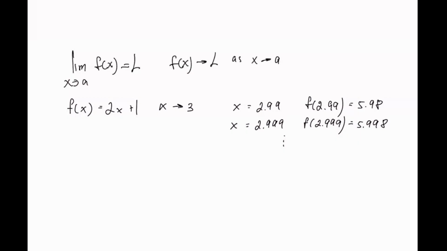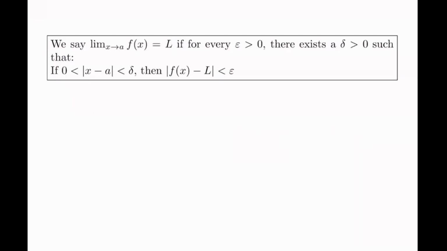But here's the key question. How close is close enough? This is where we need to introduce two important players in our story, epsilon and delta. Think of them as a challenge and response game. Here's the precise definition.